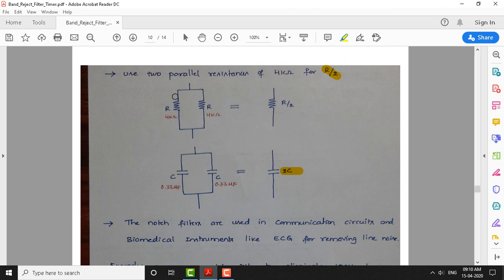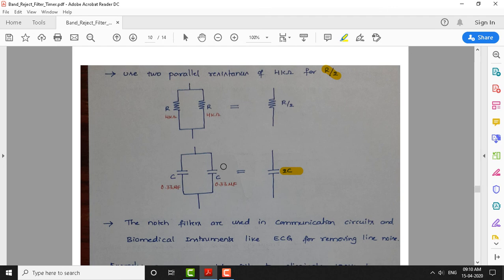We know that equal resistances in parallel give R by 2, and capacitors of C in parallel equal 2C. Capacitances add up, and resistances get multiplied and divided by the sum. So these two combinations are employed in the twin T network.